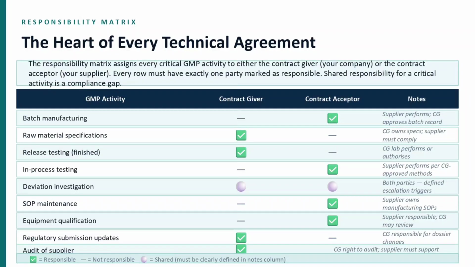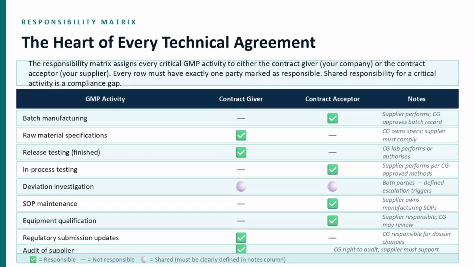Deviation investigation. This is one of the few areas where both parties may be involved. But even here, the agreement must define the escalation triggers and who has the final authority. SOP maintenance for manufacturing procedures. The supplier owns and maintains these, but they must notify the contract giver if critical SOPs are revised.